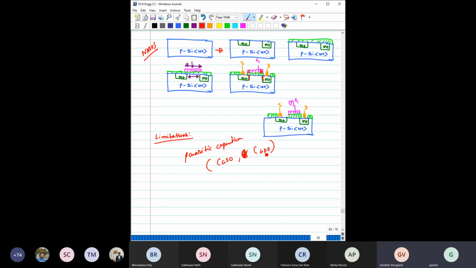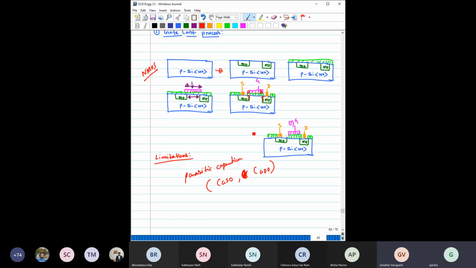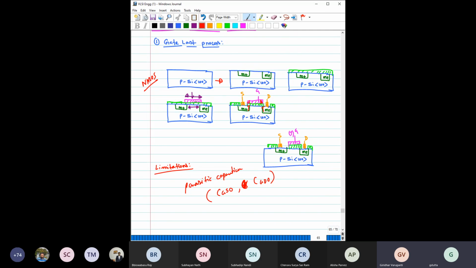This type of capacitance will be quite extensive for this type of design, or gate last design. So that was the issue in the initial fabrication of this MOSFET.